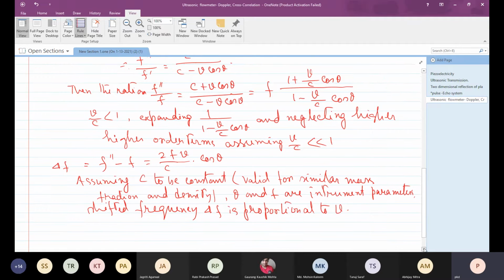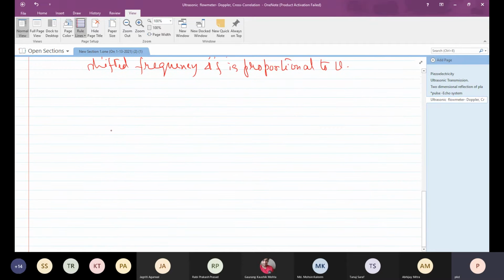So the scheme is like that. There is a crystal transmitter which is excited by RF oscillator.